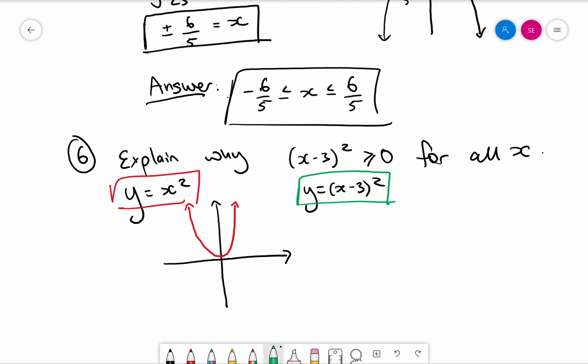Well, again, that's just a transformation, which we looked at, I think, 3 exercises ago, and it moves 3 units to the right. So we'd have it here. And it would look exactly the same as this red, but just shifted to the right.